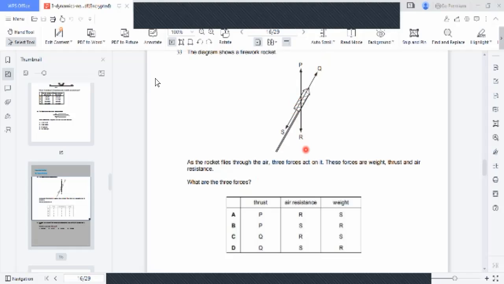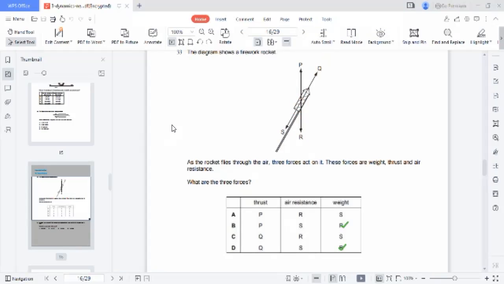Okay, so we can say weight is actually R. Weight is always acting in downward direction, so we can first mark weight. So our two options are these two. So weight is acting in this direction. Then thrust, and then air friction.